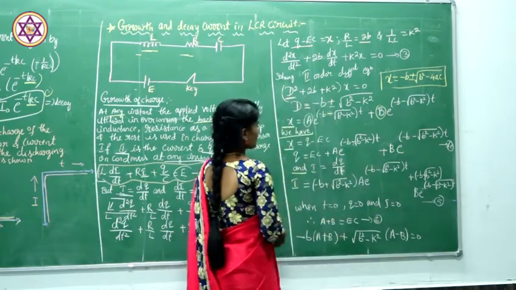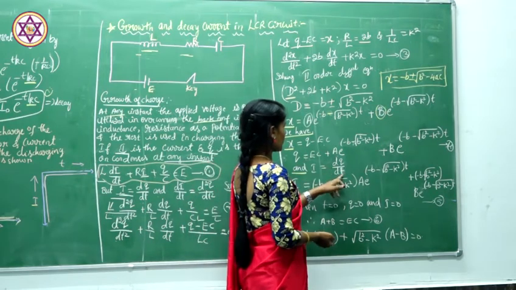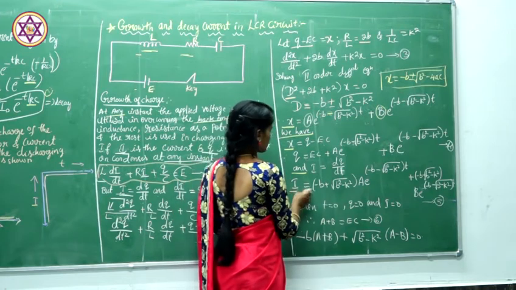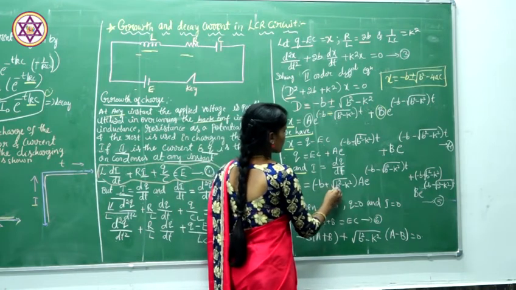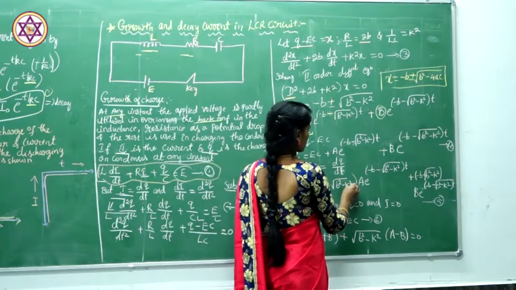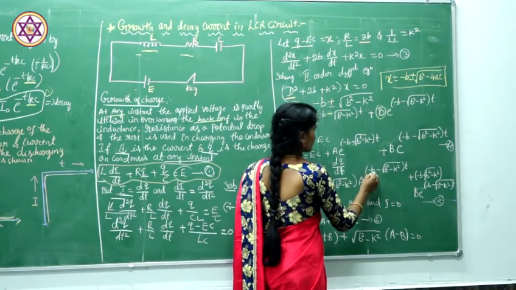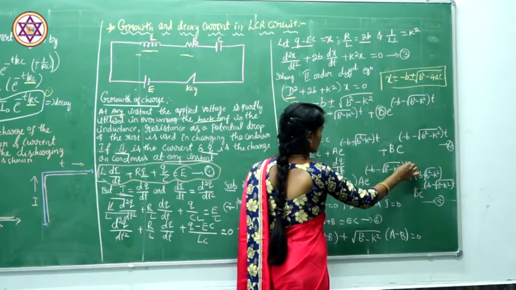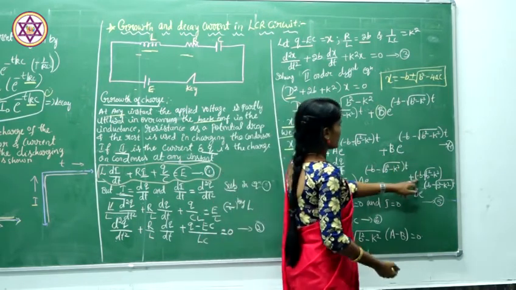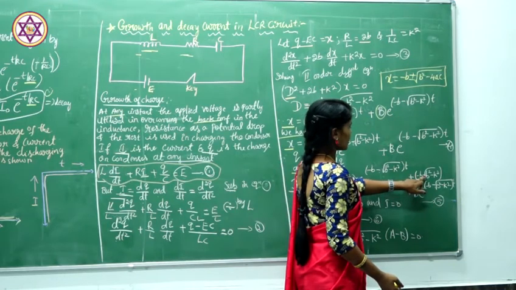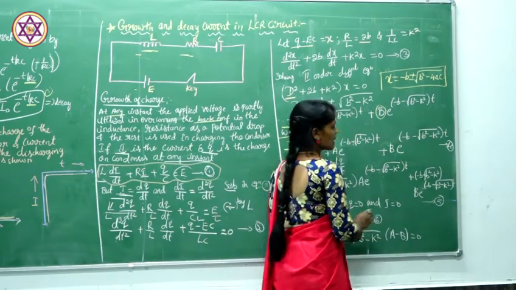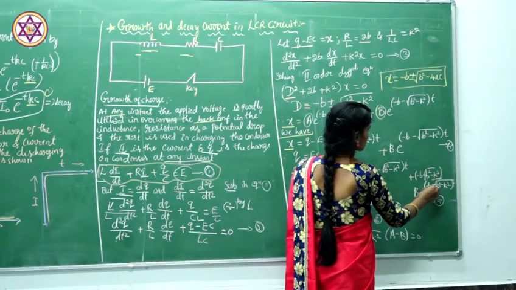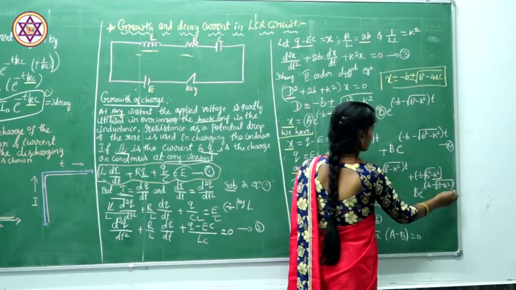Then I is dq/dt, so I = (−b + √(b² − k²))·a·e^((−b − √(b² − k²))t) + (−b − √(b² − k²))·b·e^((−b − √(b² − k²))t). This is equation 5.